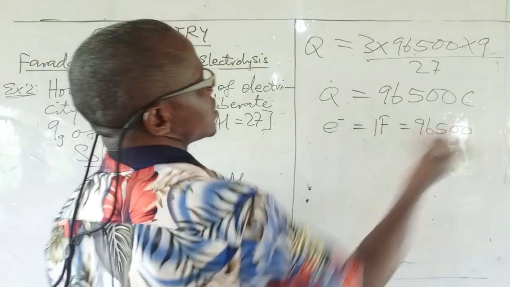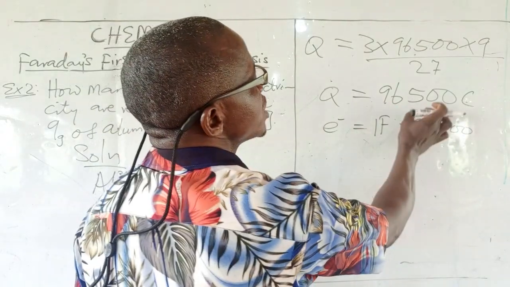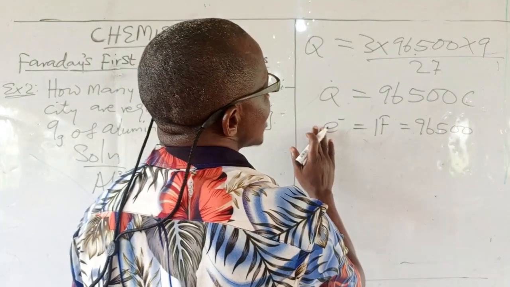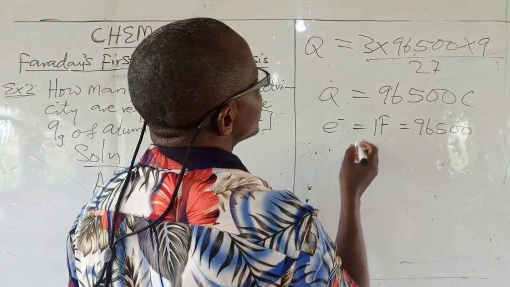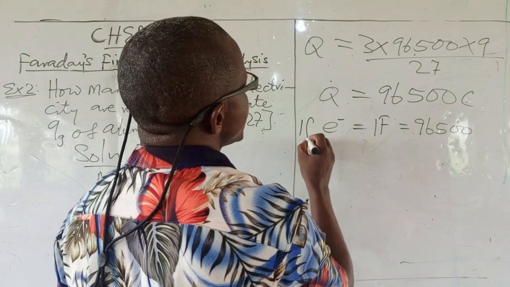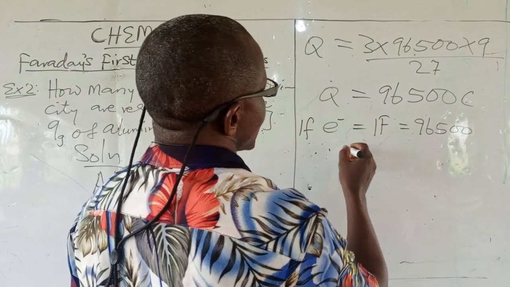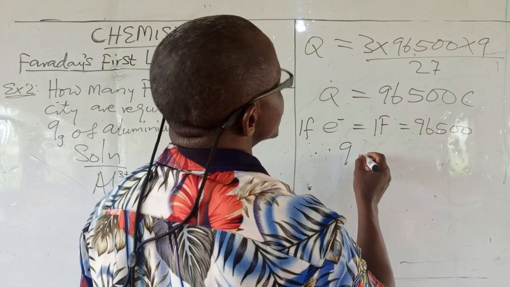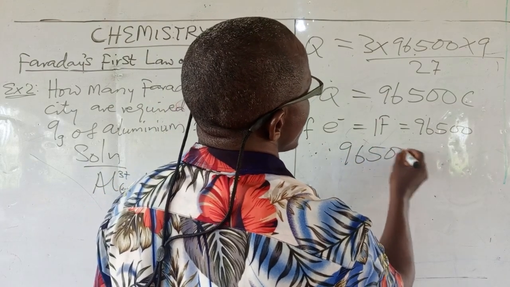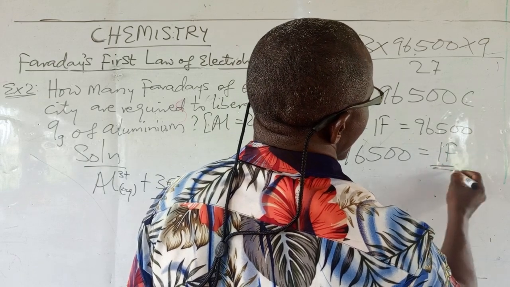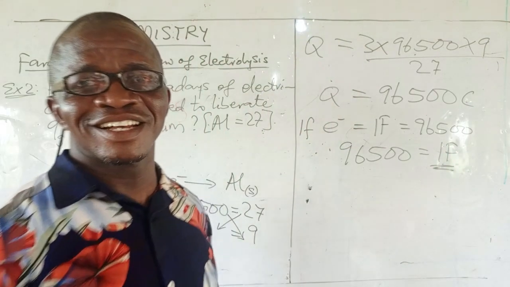So if this is what I gave you already, that means this is equal to 1 Faraday. So your answer is just to say, therefore, 96500 equals 1 Faraday. You have gotten your answer.